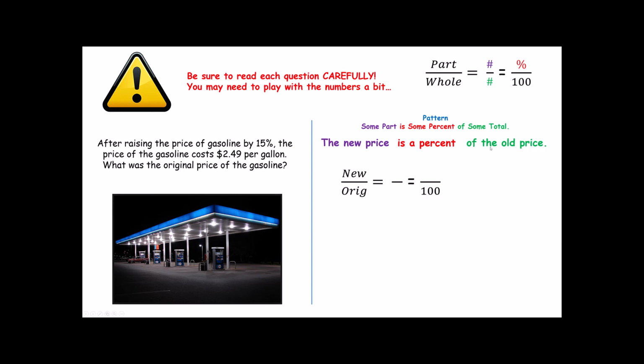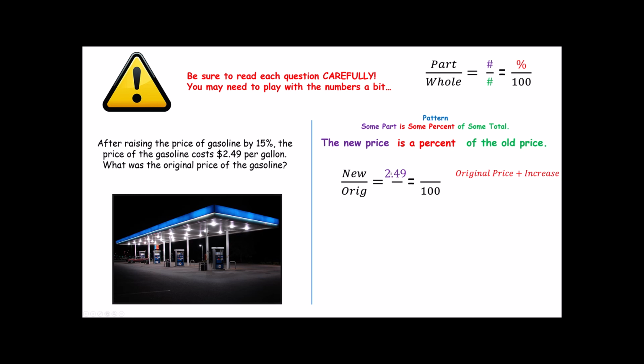Remember, the original price is always our total. Do we know the new price? Yes, we do. When you think about your percents, keep in mind that the new price is not 15% of the old price. The new price is the old price increased by 15%.